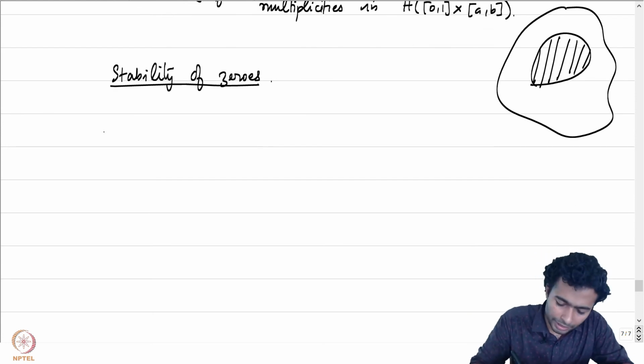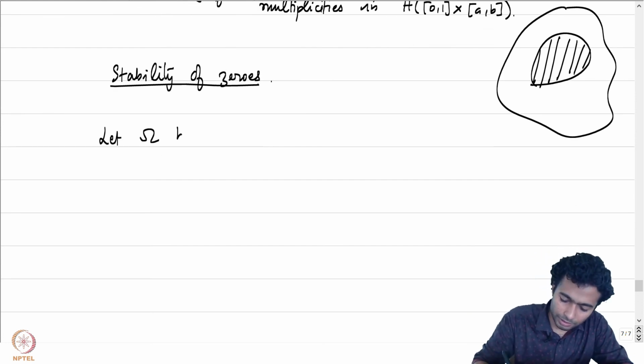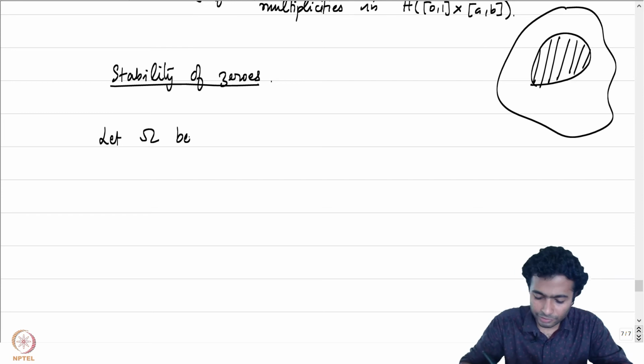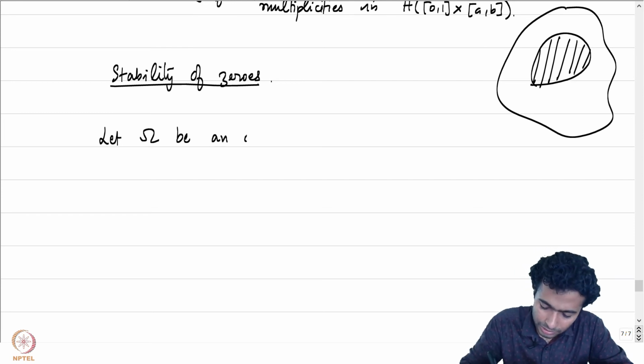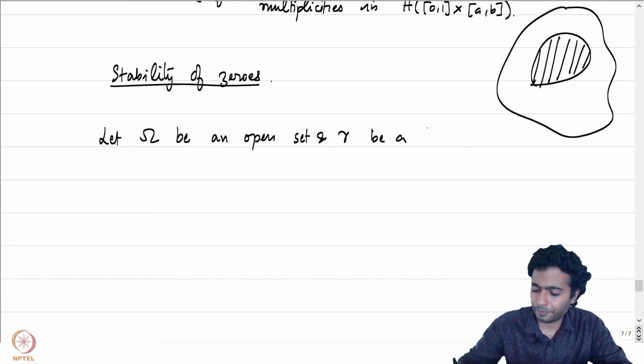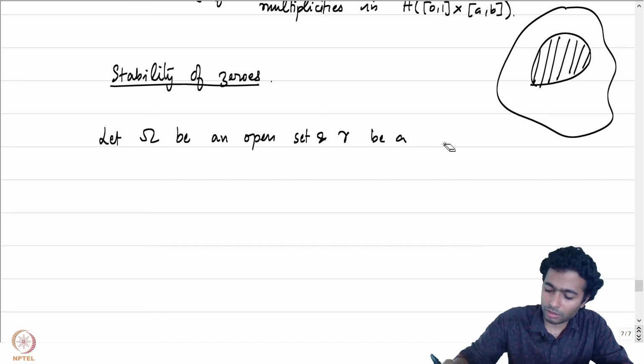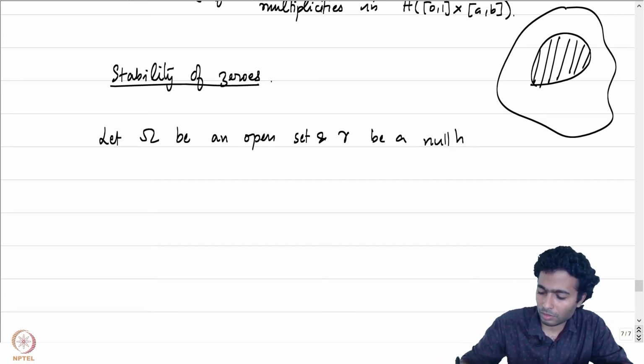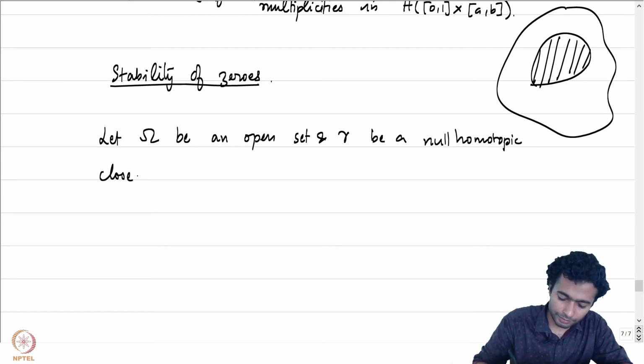So, let omega be an open set. Let me just create the premise for you. Let omega be an open set and gamma be a null homotopic closed curve in omega.